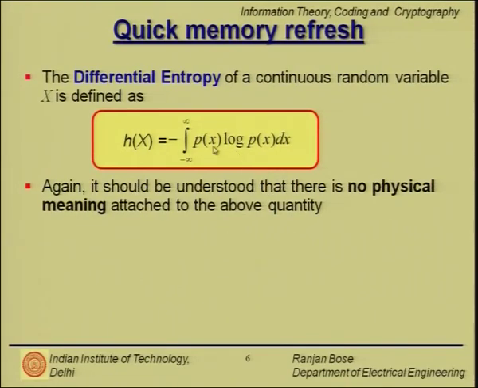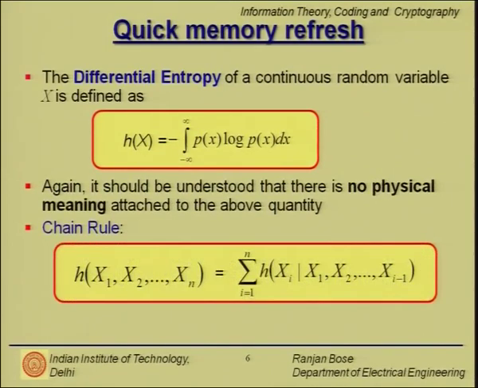So, I can plug in the value of p(x) and compute it, and it will come out to be finite, but we all know that the average self information for a continuous random variable is indeed infinite. Therefore, differential entropy really does not have a physical meaning attached to it. We also looked at the chain rule for differential entropy given as follows.